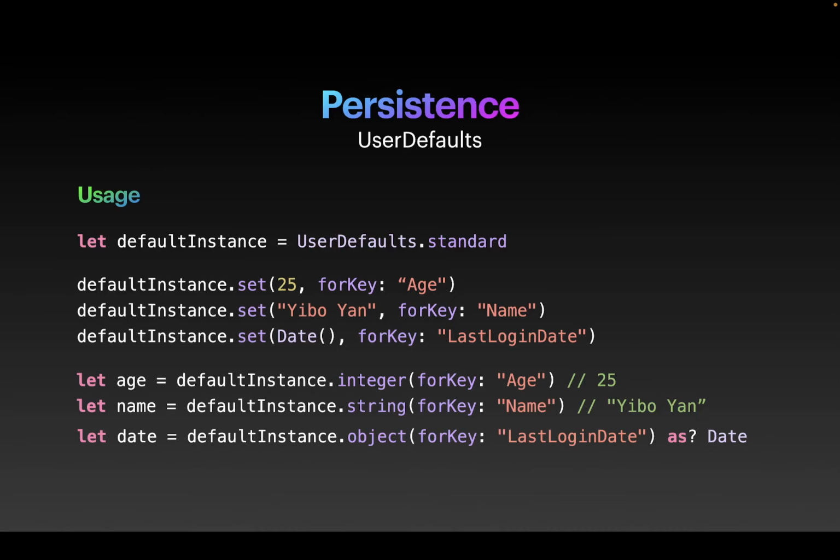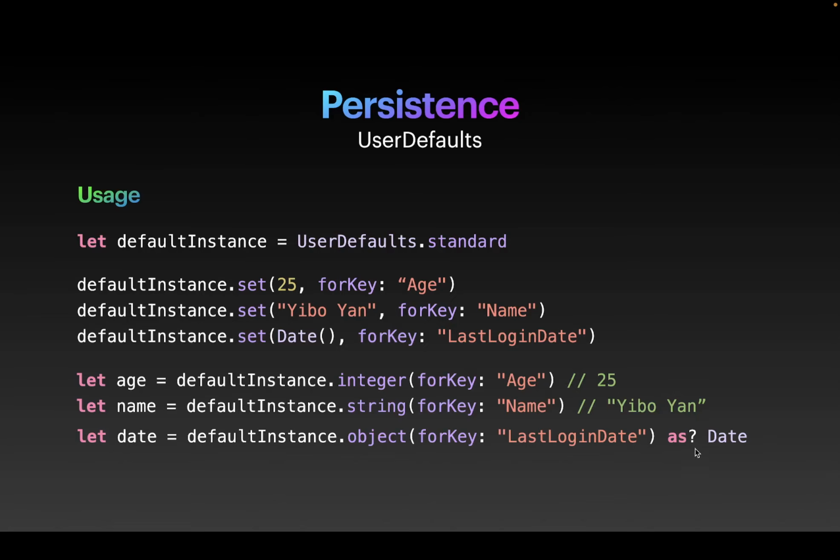In this case, you can retrieve anything. The return type is Any, which is an ancient type on Apple's platforms. Essentially, it's just a type-erased value, so it can be any type. So you have to do type casting in this case.